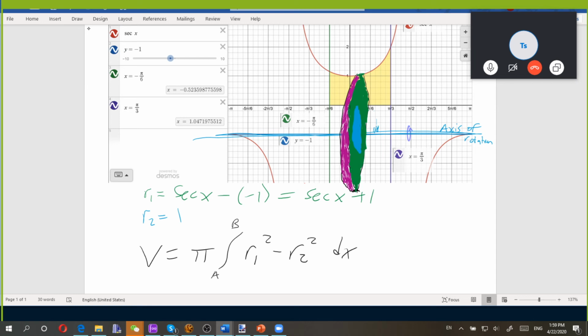This will be symmetrical, here to here. There we go, so that our shape ends up being hollow.